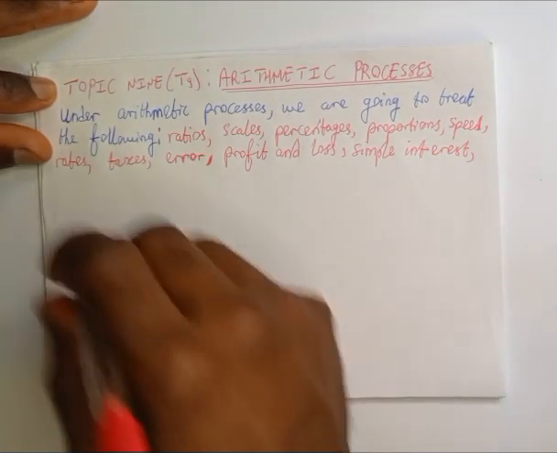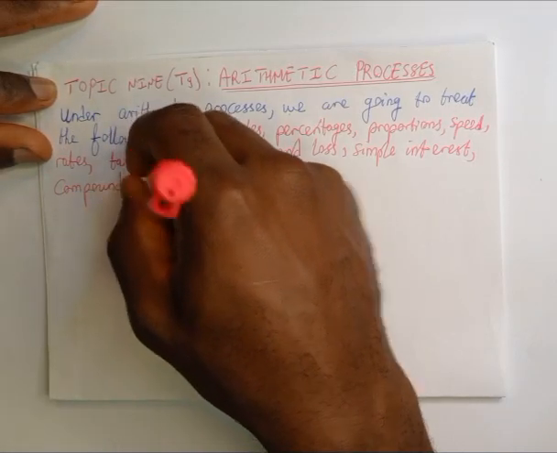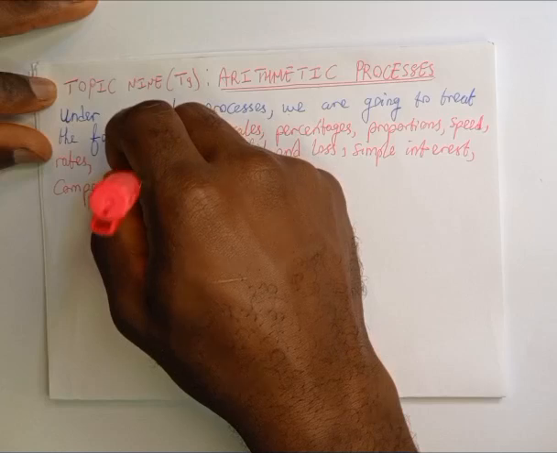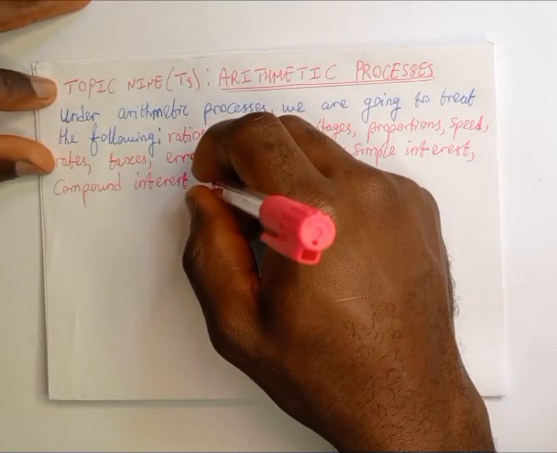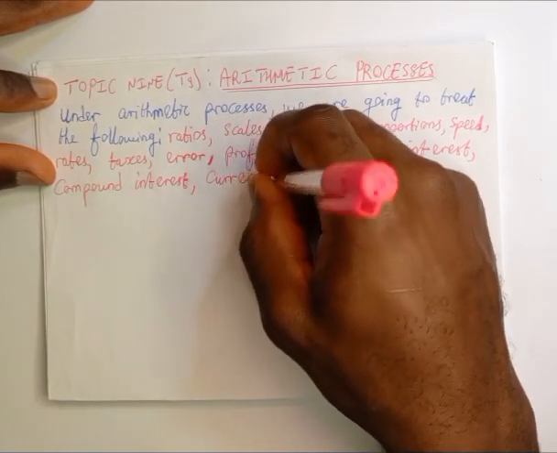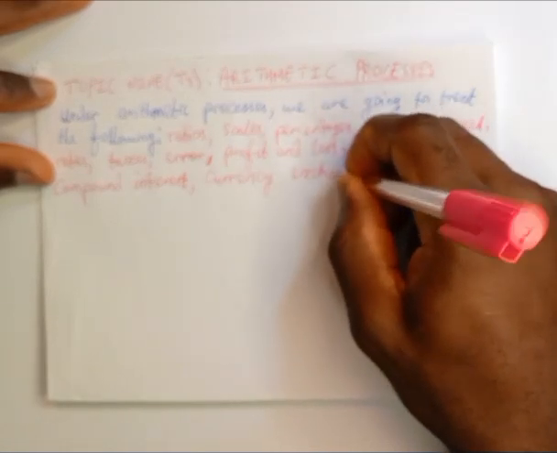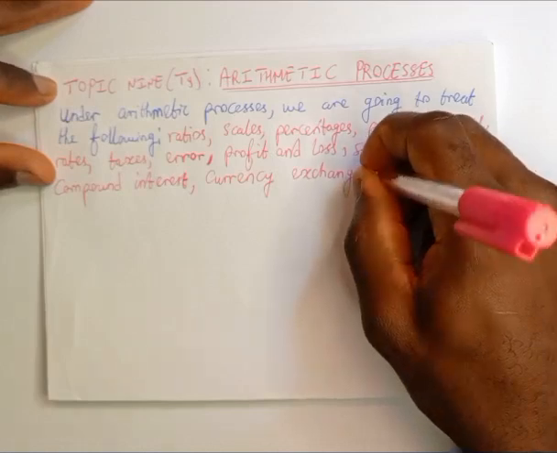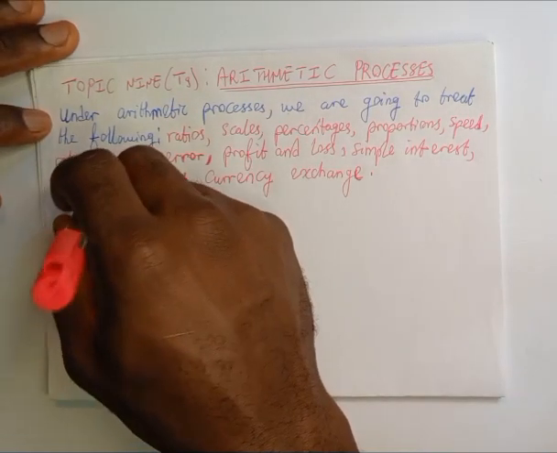After simple interest, we are going to treat compound interest. And currency exchange. We are going to treat currency exchange too. And many others. So there are many other things on the arithmetic processes, but these are the ones we are going to treat. Now we are going to take the first one, I, which is ratios.